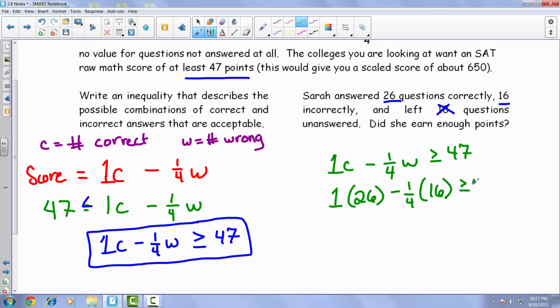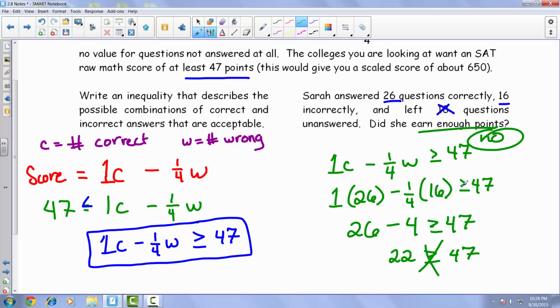Is that larger than or equal to 47? Well, this just simply comes out to be 26 minus 4 is larger than or equal to 47. And as a result, it looks like we only get 22, which is clearly not larger than or equal to 47. And as a result, she did not earn enough points.